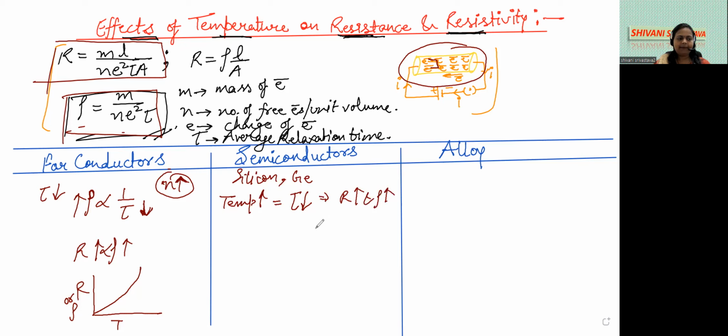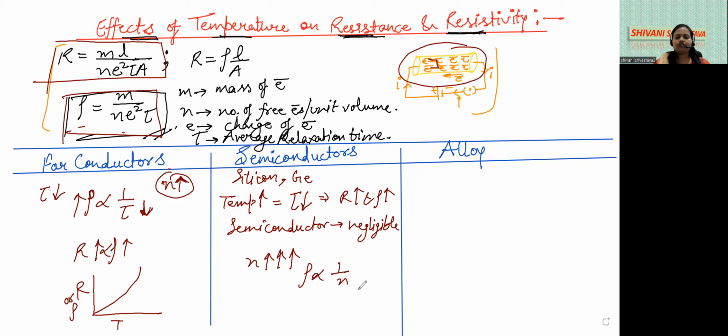But what will happen? For semiconductors, this is negligible. Why? Because the number of electrons will increase more and more. As we know, resistivity is inversely proportional to the number of electrons also.